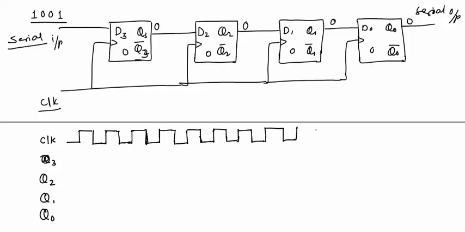Now this is the clock. All the flip-flops are designed for positive edge triggering. So we will look for the positive edge of the clock. Now initially all the outputs are at logic 0.